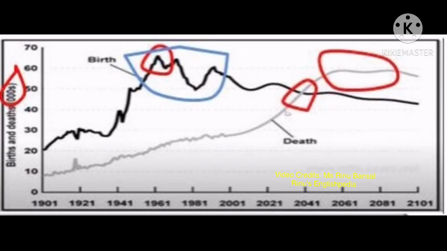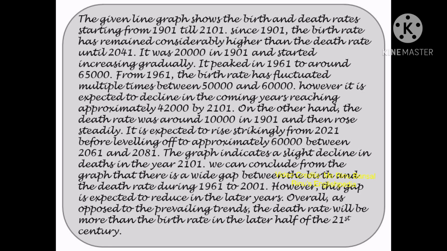The death rate is initially lower than the birth rate but increases steadily. There is a striking increase in the death rate in the year 2021, leveling off between 2061 and 2081 with a slight decline in the year 2101.